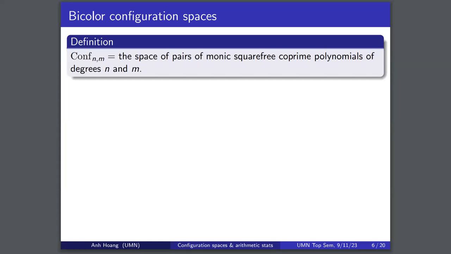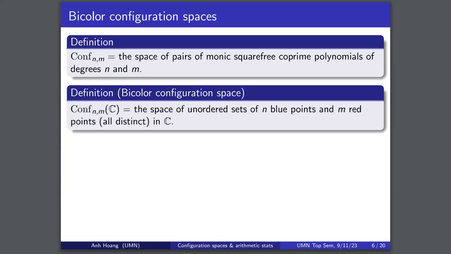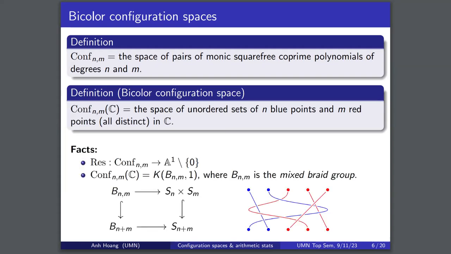Notice the coprime. Because they are coprime, when you take the C-points of this, you obtain something easier to understand topologically: the space of unordered sets of n blue points and m red points that are distinct in C. Again, it's because they are coprime and each one of them is square-free, so you get all these points separate. Okay. And there are a few facts about this.